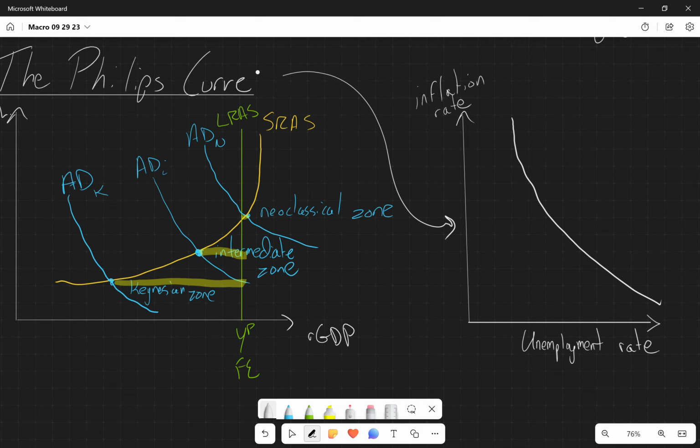We can be at this situation, A, where we're at a 5% inflation rate and 4% unemployment, or fiscal spending can decline, monetary policy can tighten, and we can end up going down to a 2% inflation rate. But then the trade-off is our unemployment is going to shoot up to 7%.